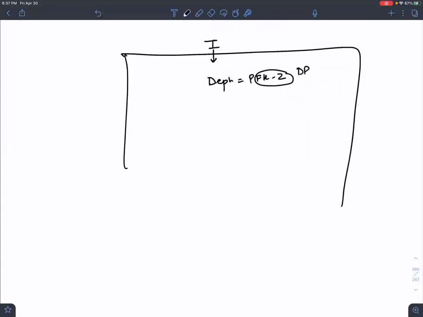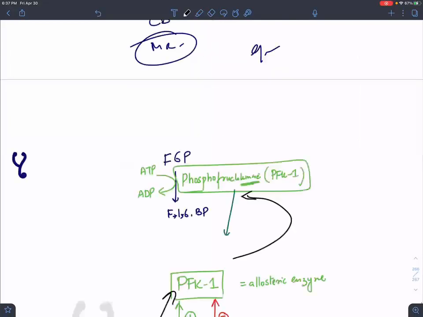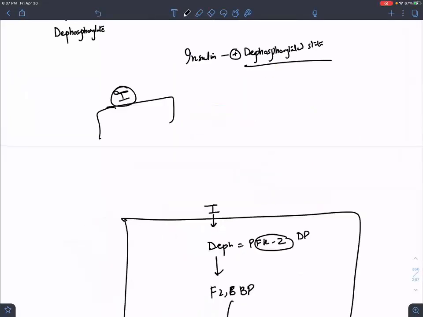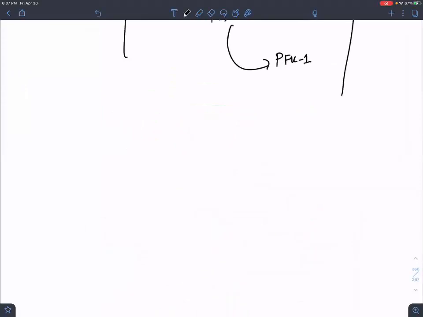Now PFK2 is active, and that will increase the production of F26 bisphosphate. This will in turn activate phosphofructokinase 1. Now you will finally be getting what? This F6P will be converted to fructose 1,6-bisphosphate.